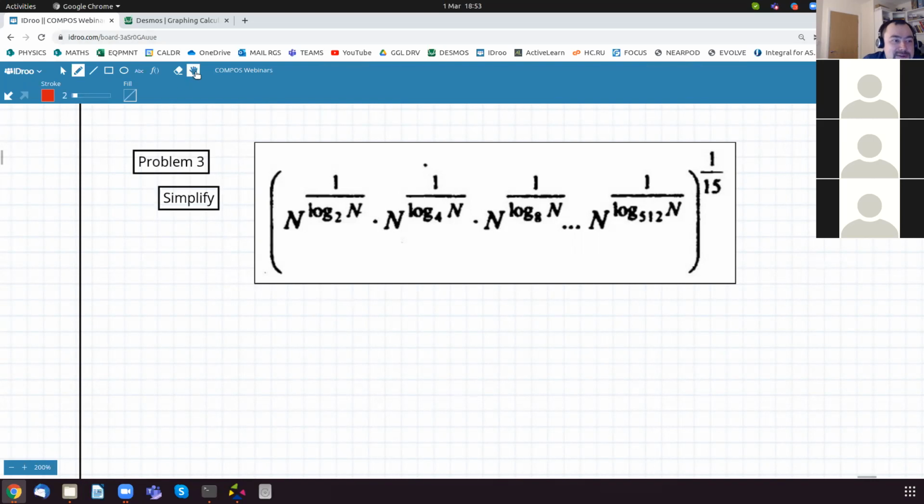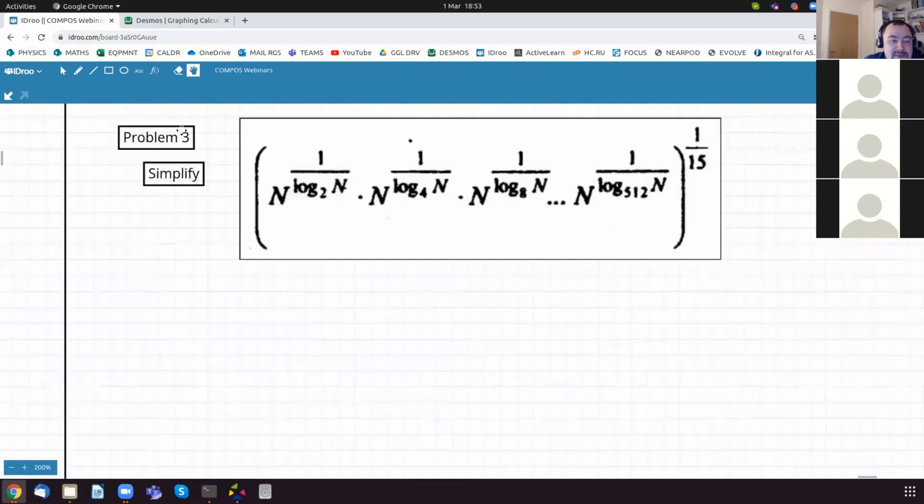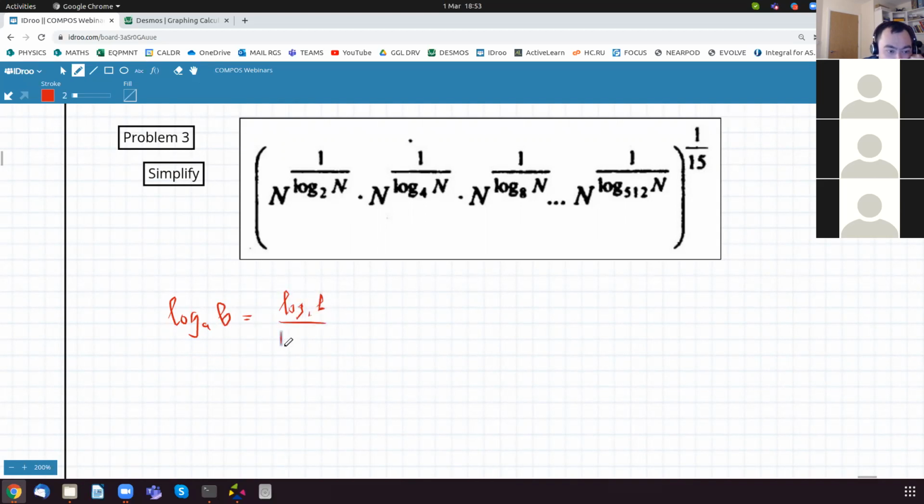Okay, so you have this. One of the properties of the logarithm is that log base c of b divided by log base c of a equals log base a of b. This is known as the change of base formula, and it comes in useful here.